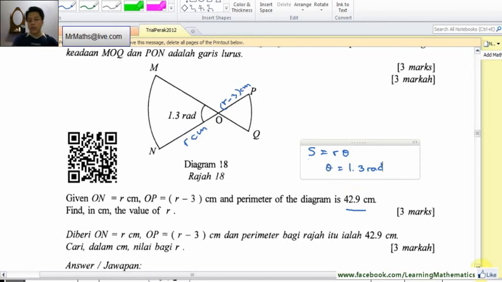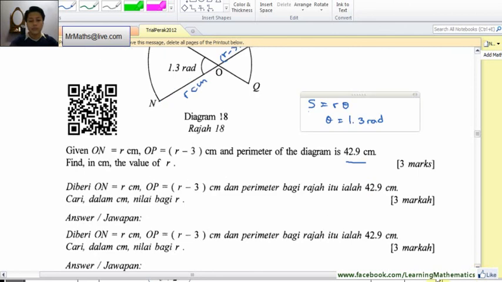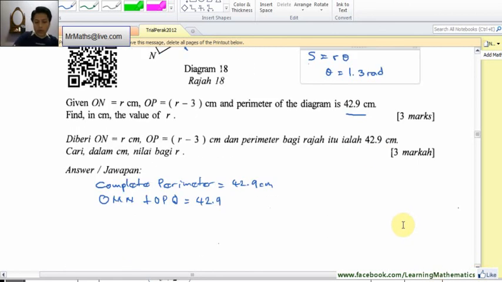Sector MON is made up of two radius lines, that is 2r, and then an arc MN. So perimeter of OMN is 2r plus the length of the arc MN, which is r theta, which is 1.3r.